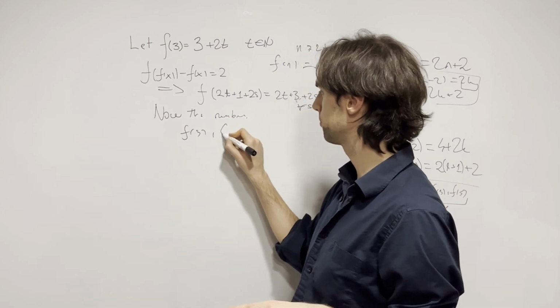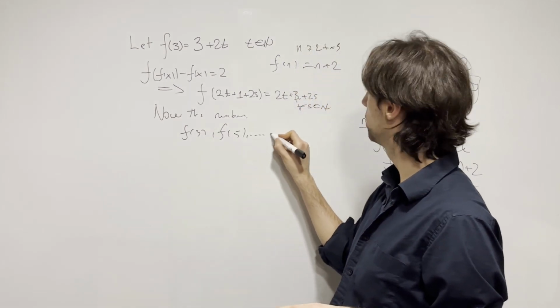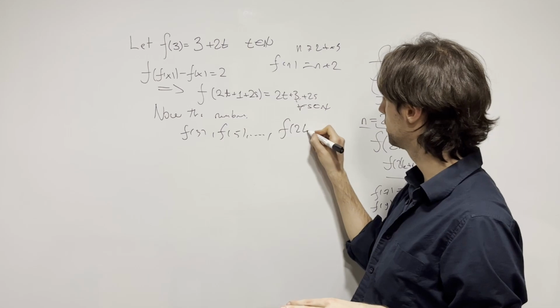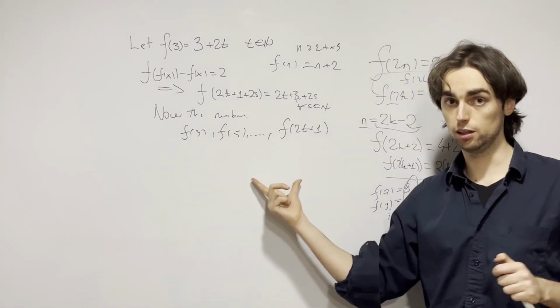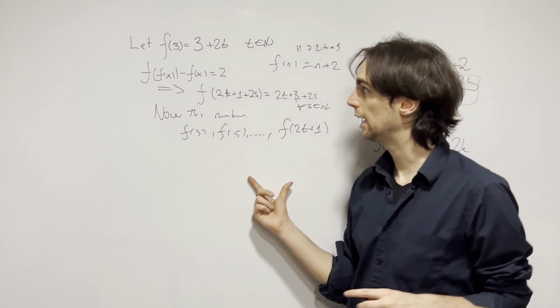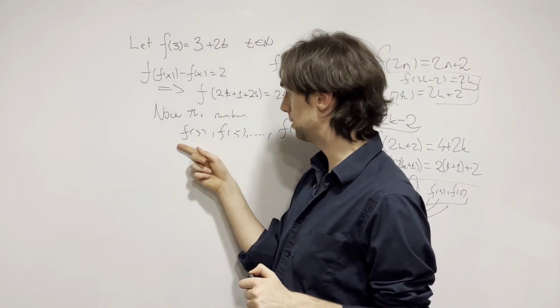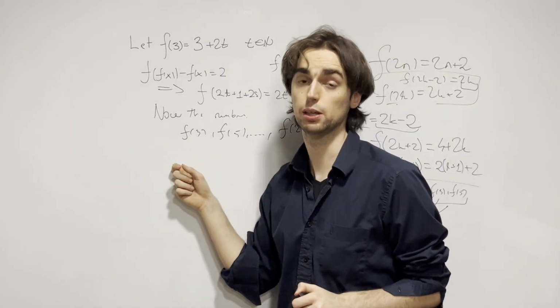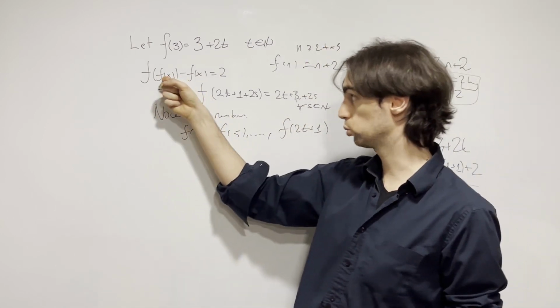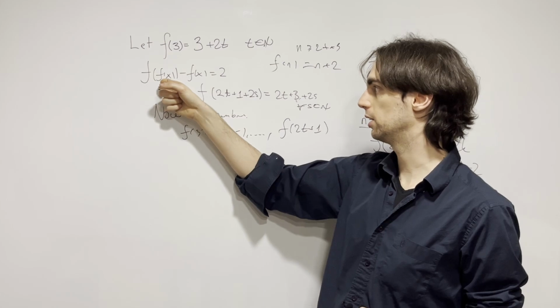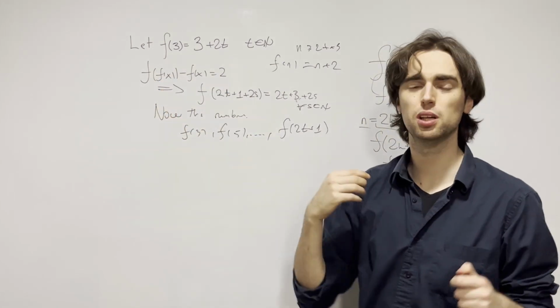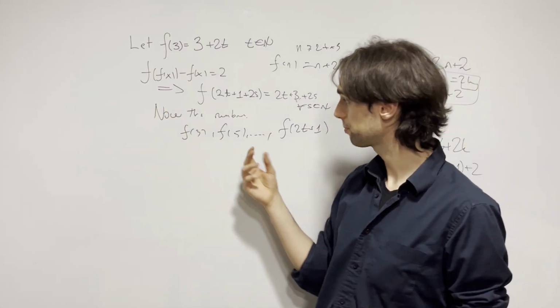Now the numbers f of 3, f of 5, all the way till f of 2t plus 1, are all odds, and none of them can be equal to 1. If any one of them was 1, we'd have the thing from beforehand: we'd have 1 here and a 2 here, so 2 minus 1 is 2, which is wrong.